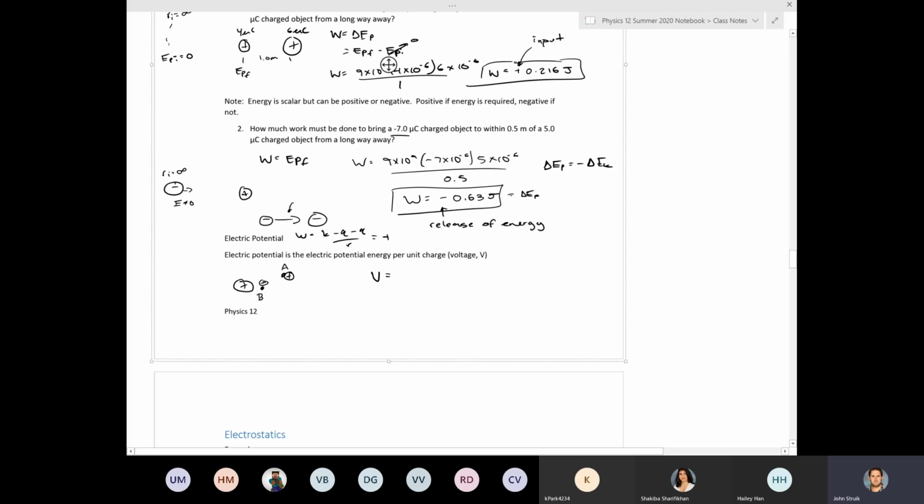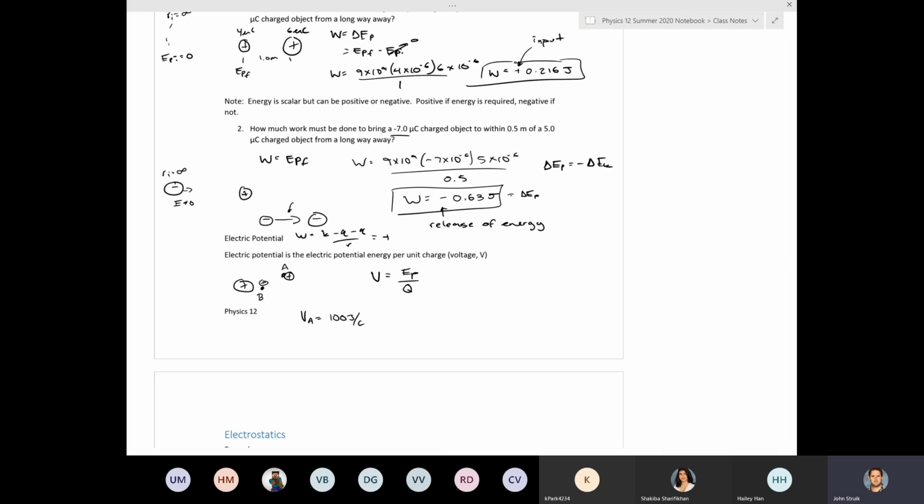So it's the amount of electric potential energy, so EP, there is per unit charge, and we're going to call it big Q, okay? And so what happens is, let's say V at A is 100 joules per coulomb, because it's EP per Q, joules per coulomb.